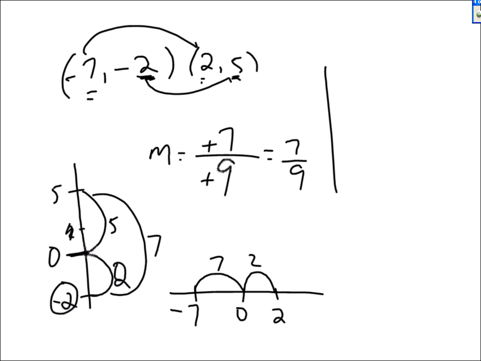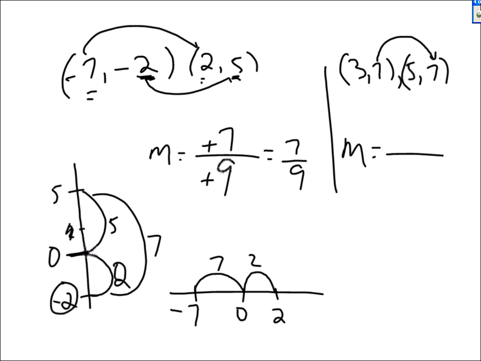If one point is 3, 7, and another point is 5, 7, what's the slope? Well, it's the change in y over the change in x. If you go from 7 to 7, your change was 0. If you go from 3 to 5, your change was positive 2.